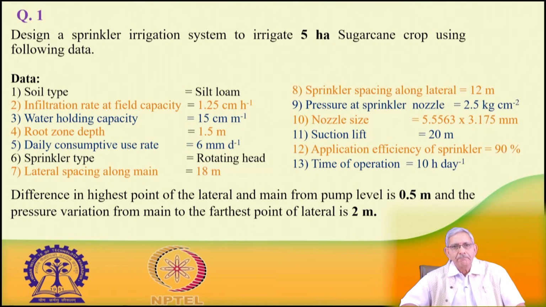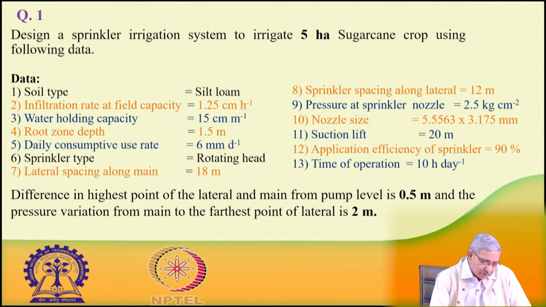A crop is given: 5 hectare area of sugarcane crop, and the field where the sprinkler irrigation system is to be installed and designed.